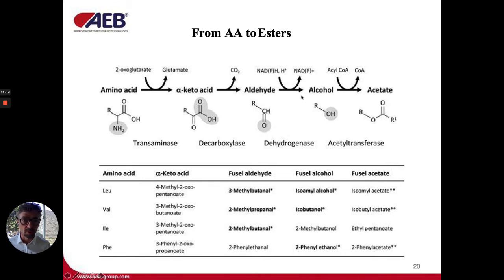And here you see the pathway that leads to fusel alcohol that is then acylated into an acetate ester. These are some examples, for example, the leucine becoming isoamyl acetate, the valine becoming isobutyl acetate, and so forth.